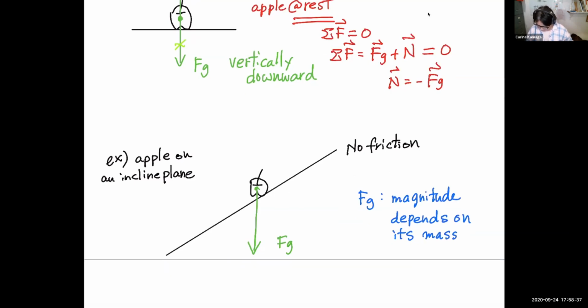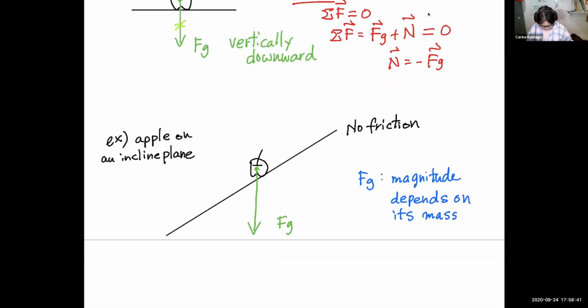That's the magnitude. And the direction of the gravitational force is still vertically downward. In this case, it hasn't changed.